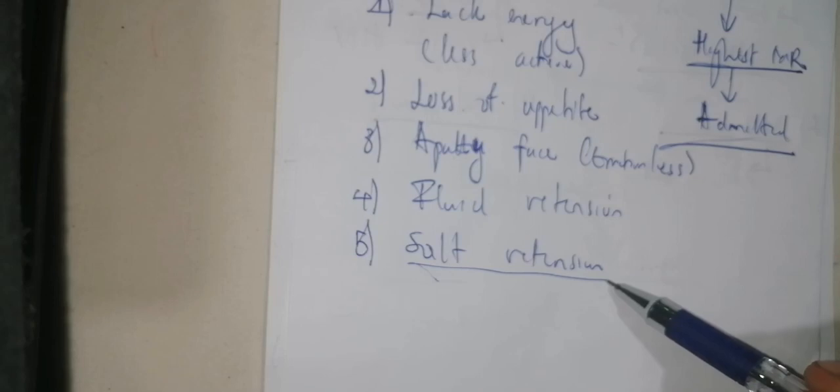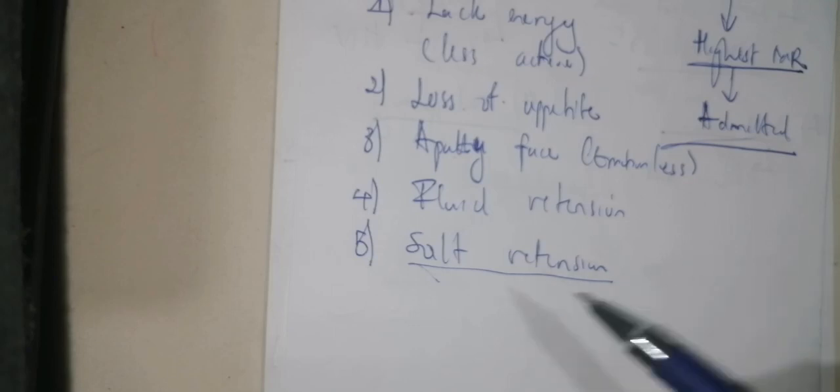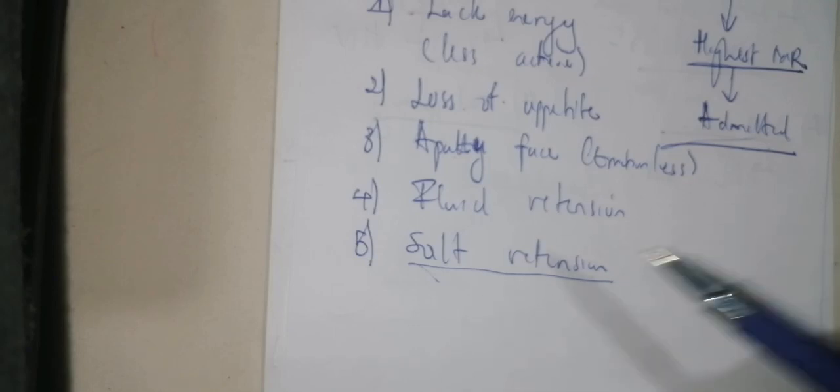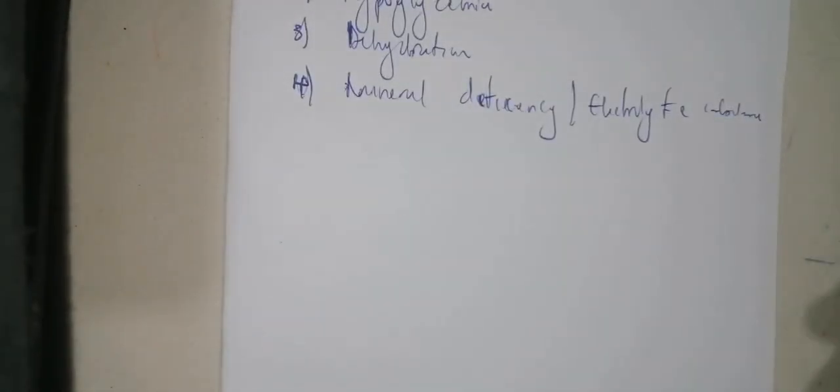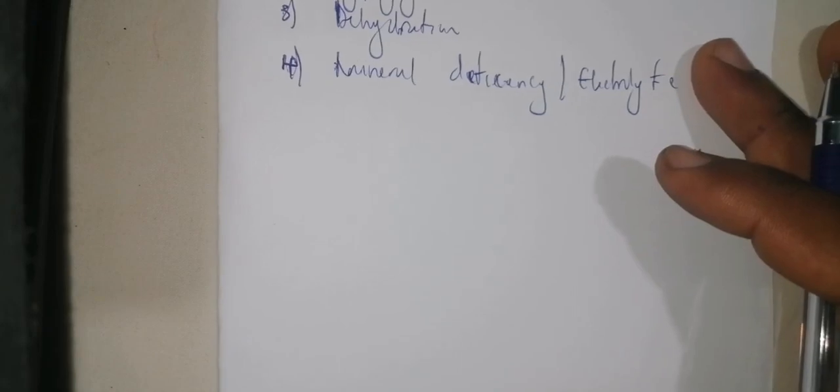Is it clear? But in chronic malnutrition, you have mineral or electrolyte deficiency with hyponatremia, hypokalemia, hypocalcemia, or even hypochloremia.